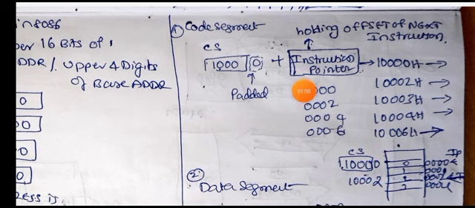So the IP register content 000 is added to the CS register after padding 0, and it will become the 10,000 physical address.